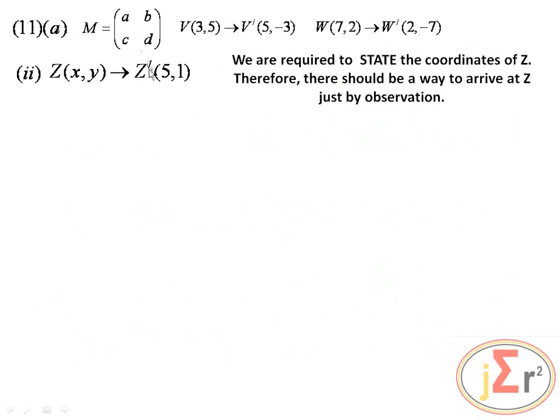We have the image of Z as Z prime, which is 5, 1. Those are the coordinates of Z prime. We are required to state the coordinates of Z. Therefore, there should be a way to arrive at Z just by observation.